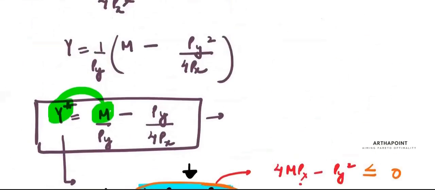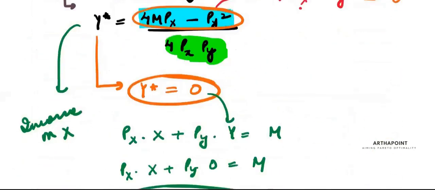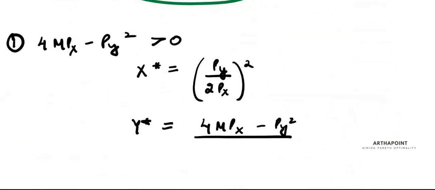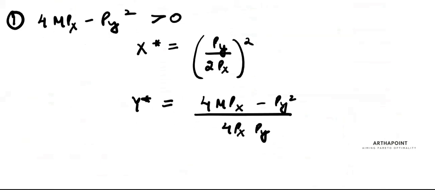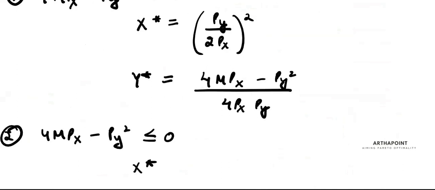This is what your x star came, right? And you will consume y star as (4mpx minus py square) upon 4px py. But if your numerator is less than or equal to 0, then your x star will be m by px and your y star will simply be 0, because the numerator is negative.